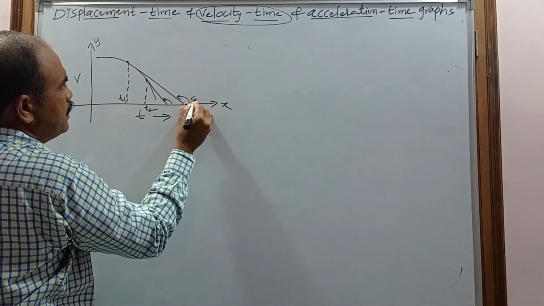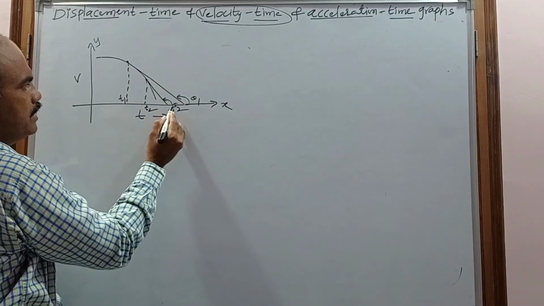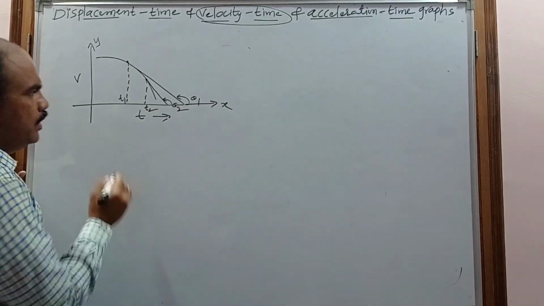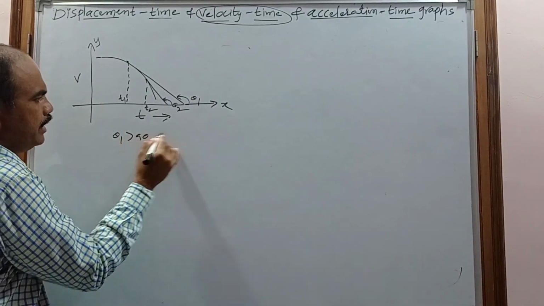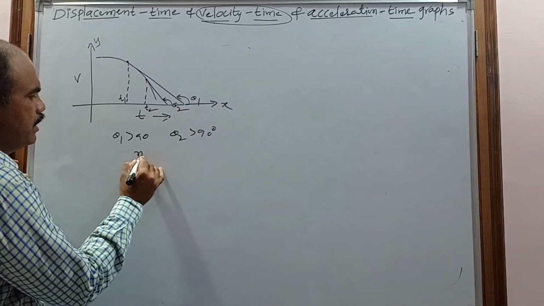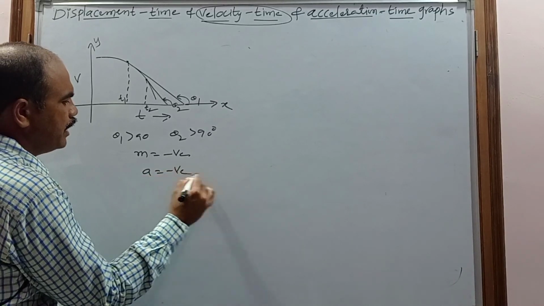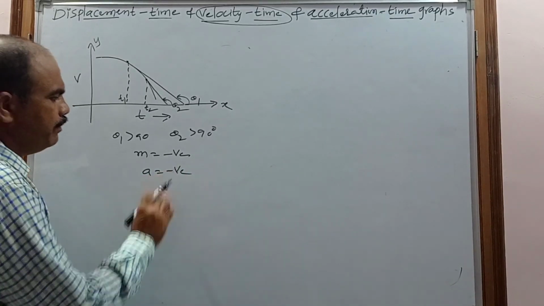Consider this as theta 1 and this as theta 2. Theta 1 is greater than 90, theta 2 is greater than 90 degrees. So the slope will be negative, and the acceleration will be negative.